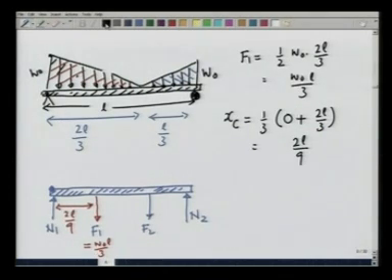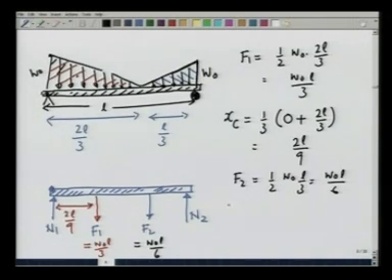Similarly, for the other triangle, the force F2 is going to be the area of that triangle, which is 1/2 W0 L by 3, which is W0 L by 6. So, this force is equal to W0 L by 6, and it acts at the centroid of the right hand triangle. The centroid with respect to the point in the middle is going to be at a distance of 1/3 of L by 3 plus L by 3, which is 1/3 of 2L by 3, 2L by 9.